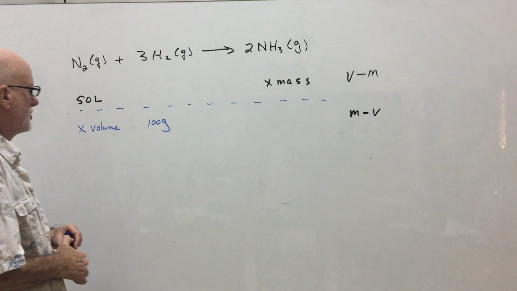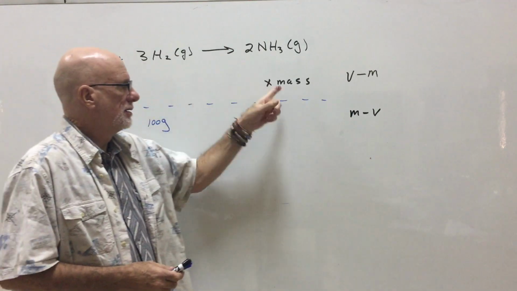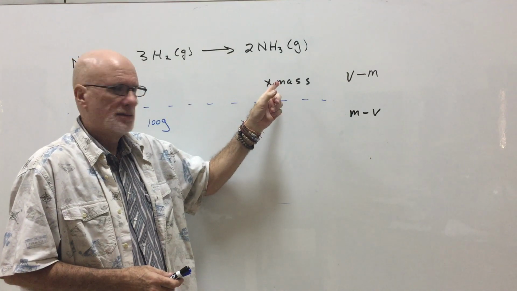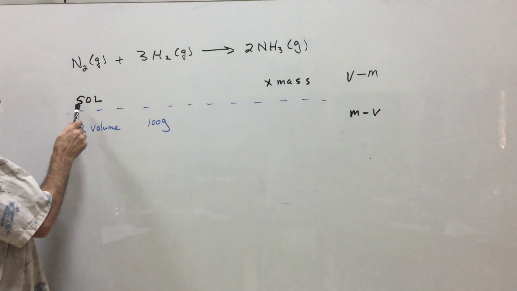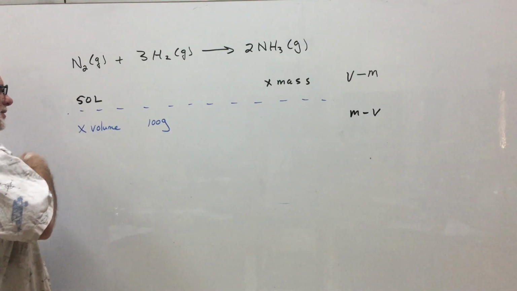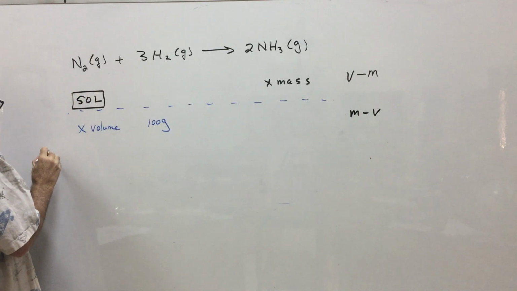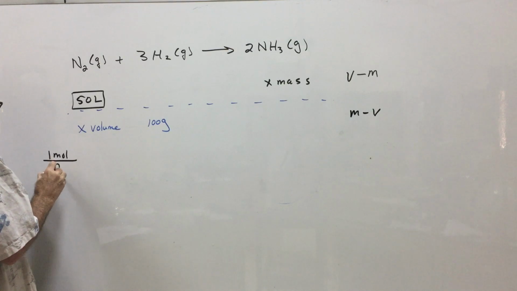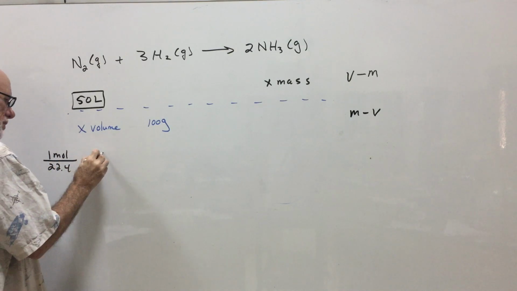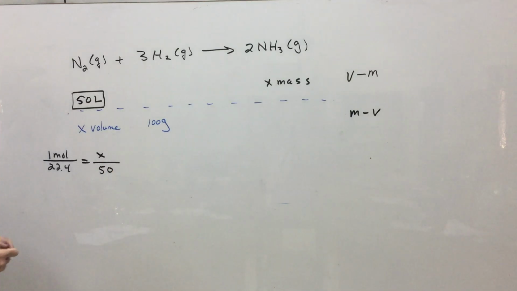In other words, let's do the first one. 50 liters of nitrogen, what mass of ammonia will I produce? Okay, so how many moles is 50 liters? So it's going to be 1 mole over 22.4 equals how many moles over 50?